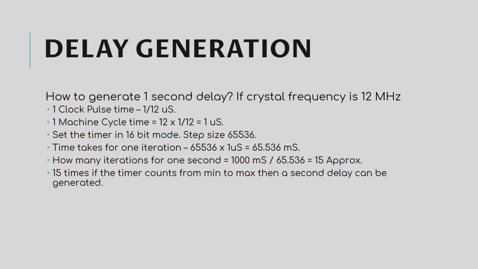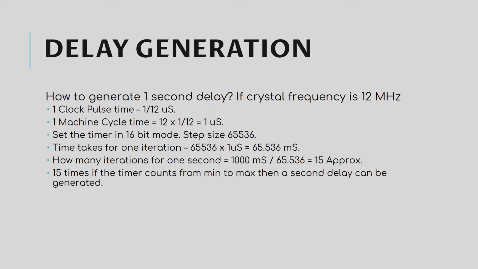So one clock pulse time is 1 by frequency, that is 1 by 12, and this is 12 megahertz, so it will be microsecond. So 1 by 12 microsecond. Then one machine cycle time is 12 clock pulse. So 12 into 1 by 12 is equal to 1 microsecond. So one machine cycle timing is 1 microsecond, and timer takes one machine cycle for increment.